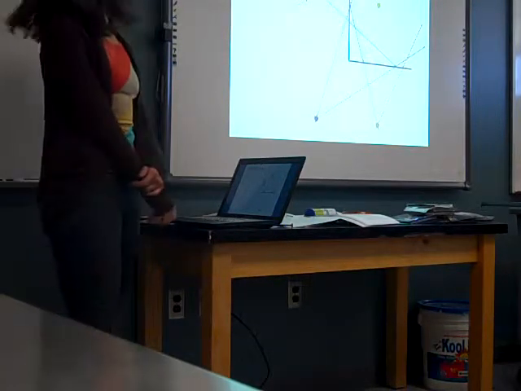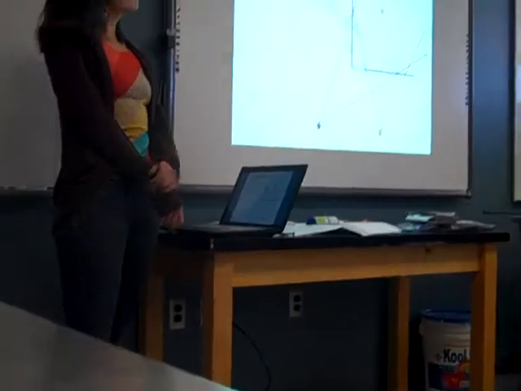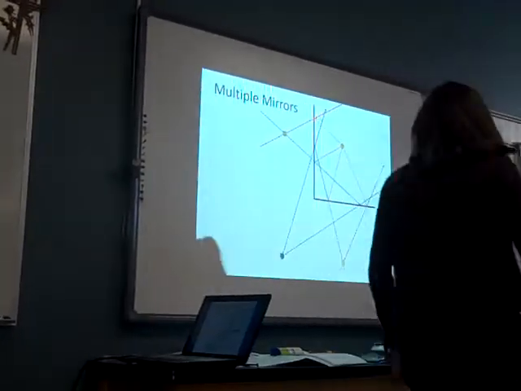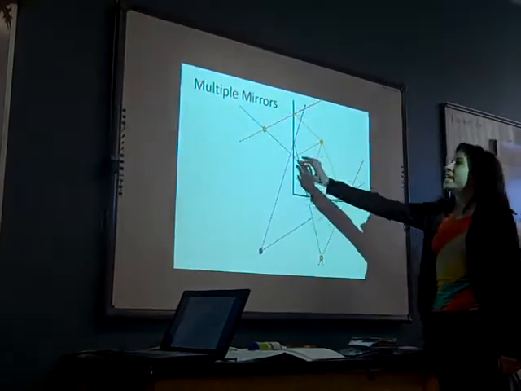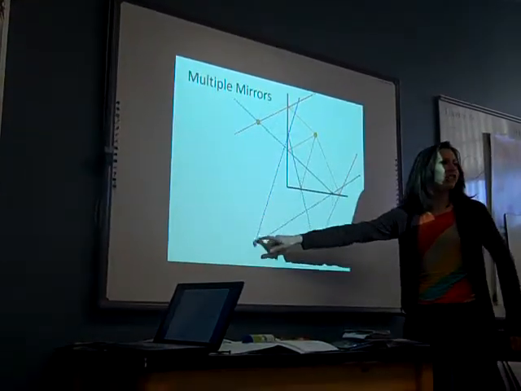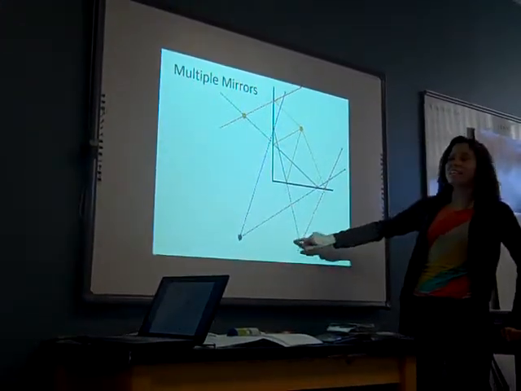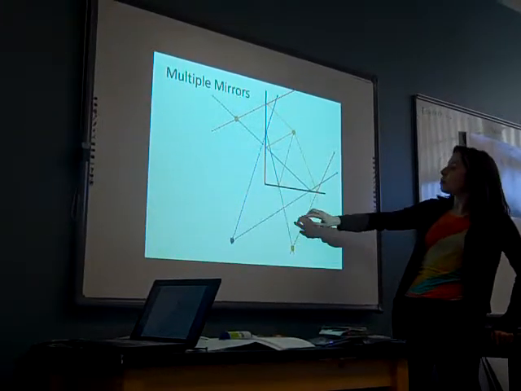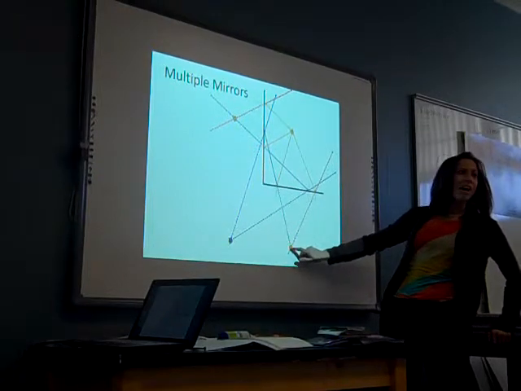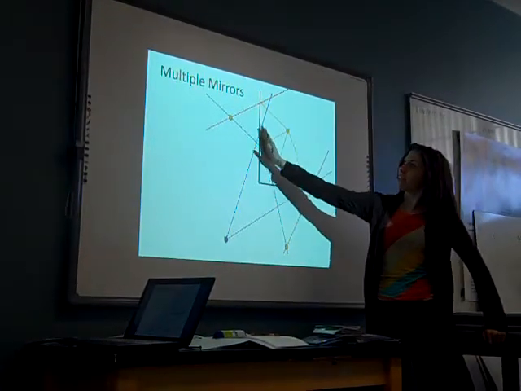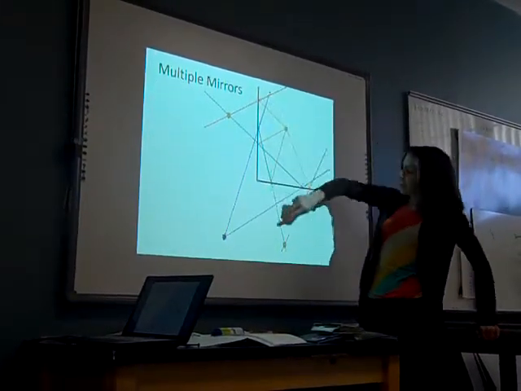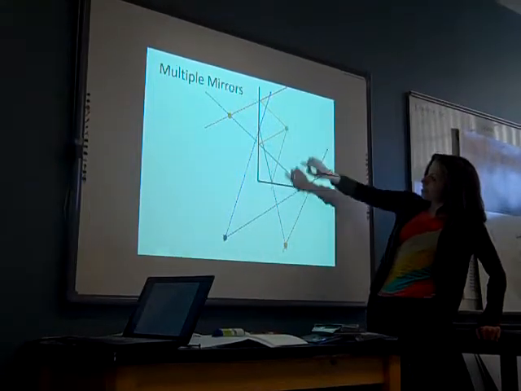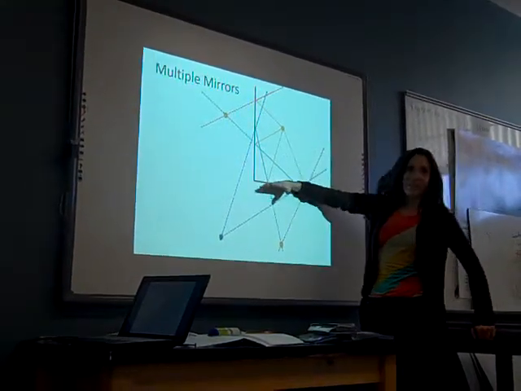So another way to think about this is that each mirror individually makes an image, and then this actually makes an image of the image. It is pretty weird, but if you imagine now this ray coming from here and reflecting, this is the image of this in this mirror.